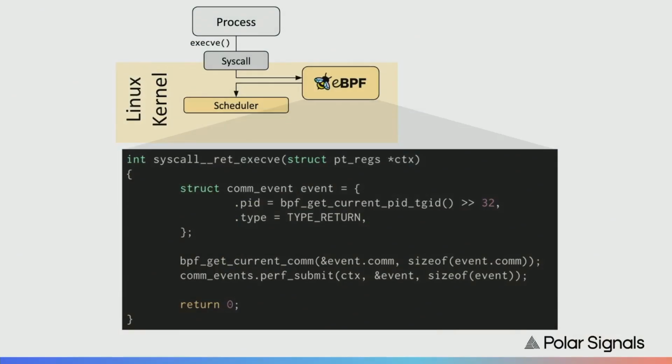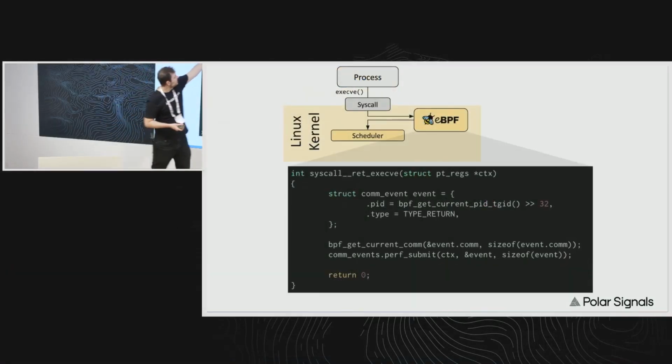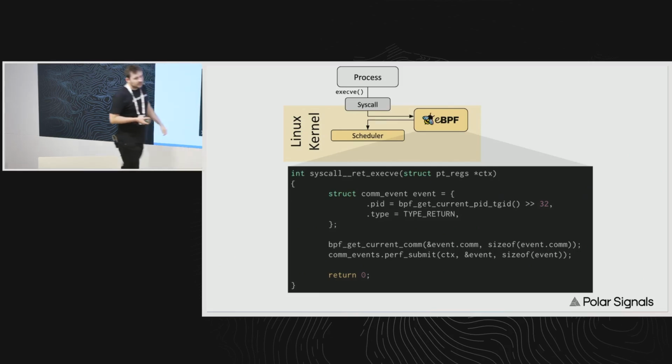So in this case, from the eBPF documentation, we say I want to execute my eBPF program every time the syscall execv is called. So that's intercepted, and we can run our BPF program, and then it continues as usual.